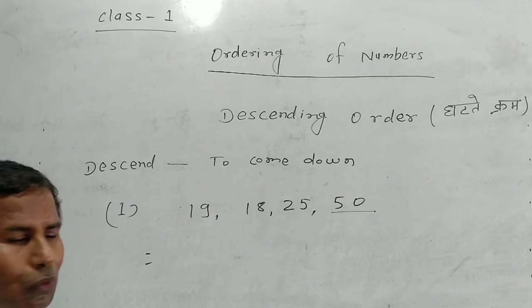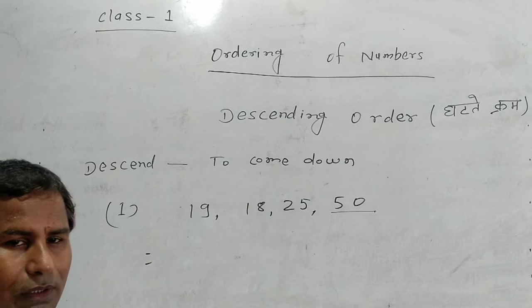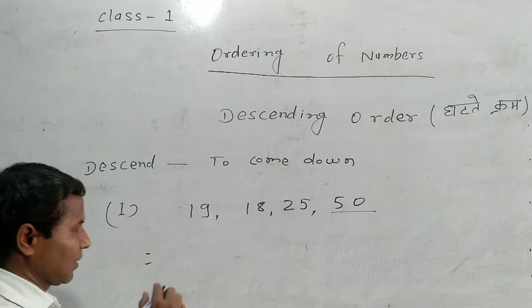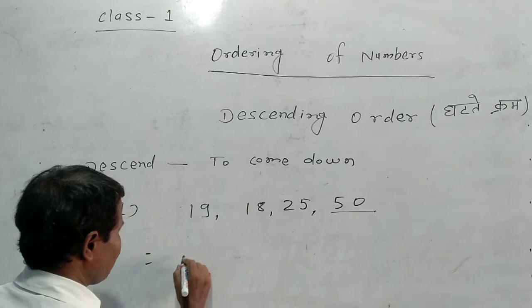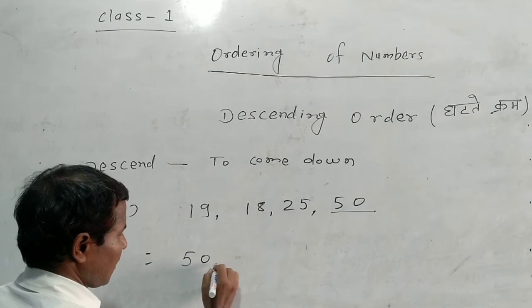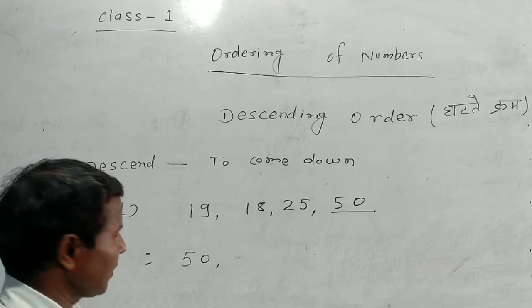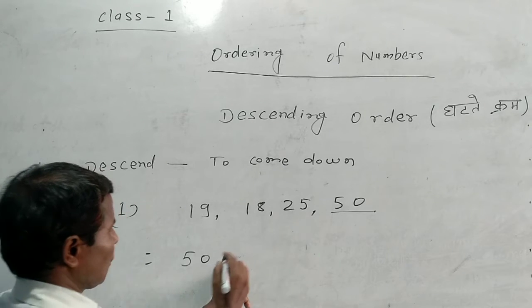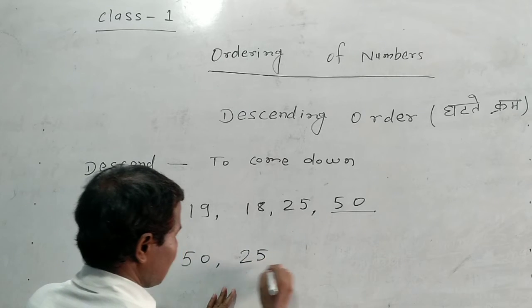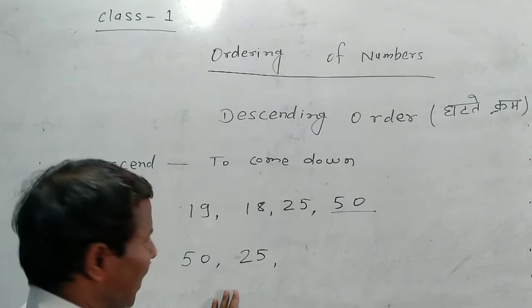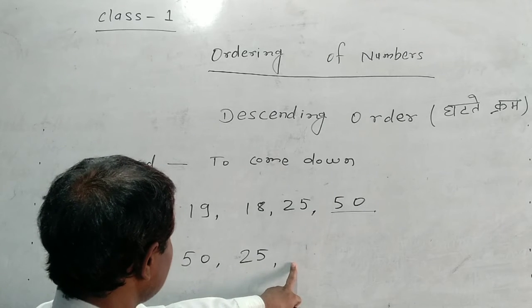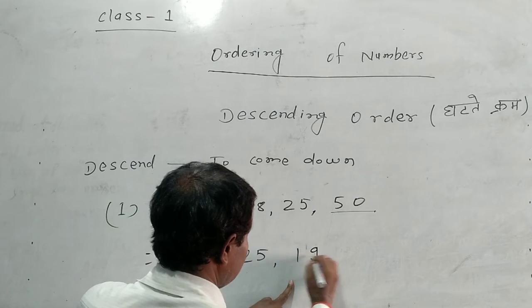So, we put 50 at first. After 50, we have to put here 25. After 25, we put here 19.